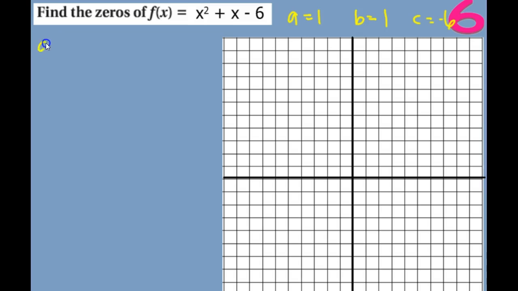So let's first find our axis of symmetry. x equals negative b over 2a. So we have negative 1 over 2 times a, which is also 1. So this is really just negative 1 over 2, or negative 1/2. So at negative 1/2, right in the middle between those two, draw your axis of symmetry.